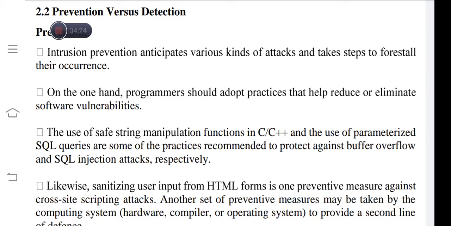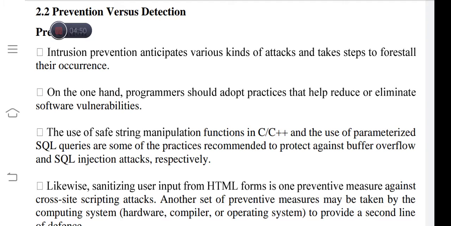If we consider the string manipulation functions in C or C++, the usage of parameterized SQL queries in these functions are some of the practices recommended to protect against buffer overflow and SQL injection attacks.